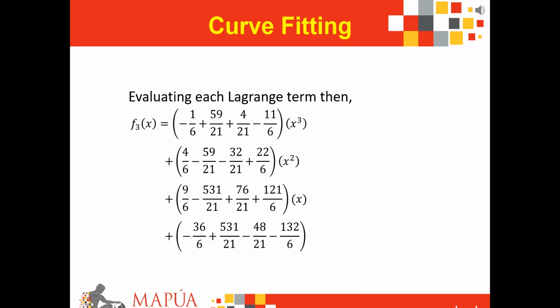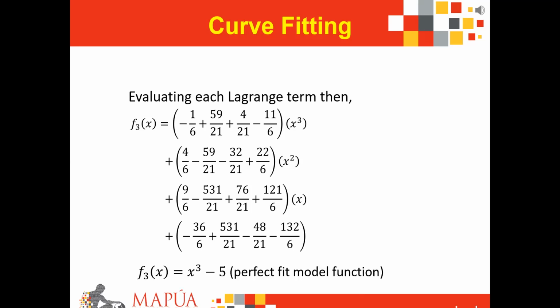When you simplify then the coefficient of x cubed, you'd end up with a value of 1. When we simplify the coefficient of x squared, we end up with a value of 0. When we simplify the coefficient of x, we end up with a value of 0. And when we simplify our constant, we end up with a -5.